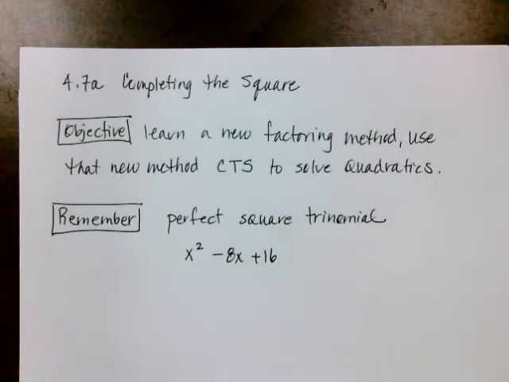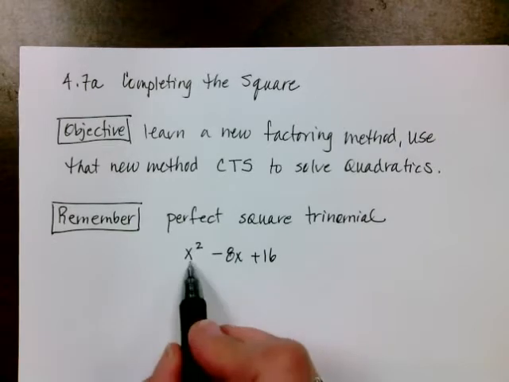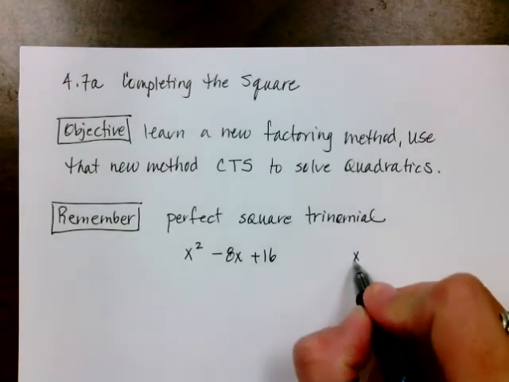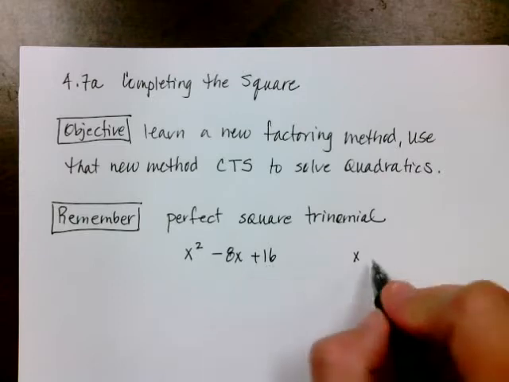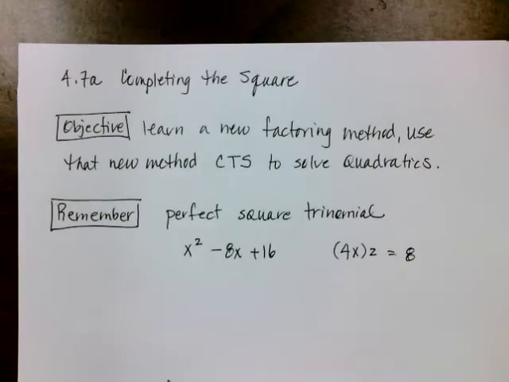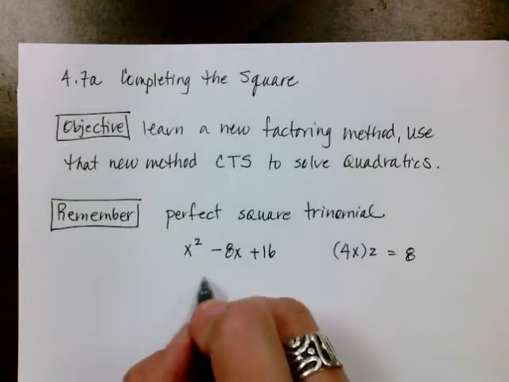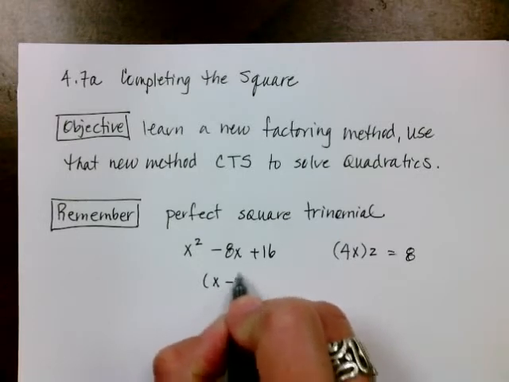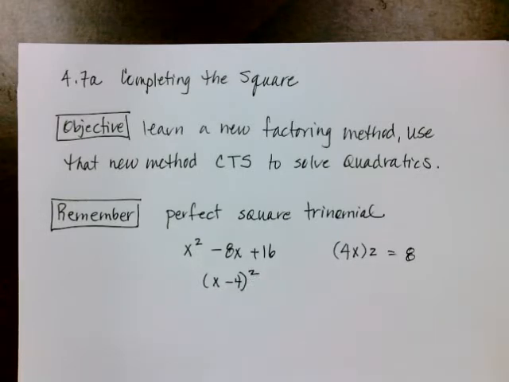The first term, the x squared, is a perfect square. The last term, the 16, is a perfect square. If I take the square root of x squared, I get x. And if I take the square root of the 16, I get 4. And if I double that, I get the 8. So if you will remember, that is how I have a perfect square trinomial. I would factor this by doing x minus 4 quantity squared.